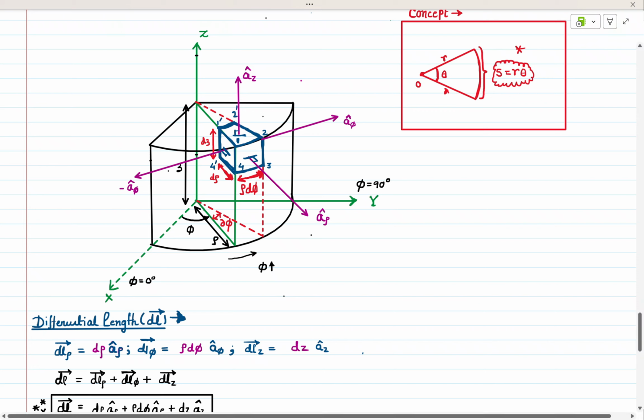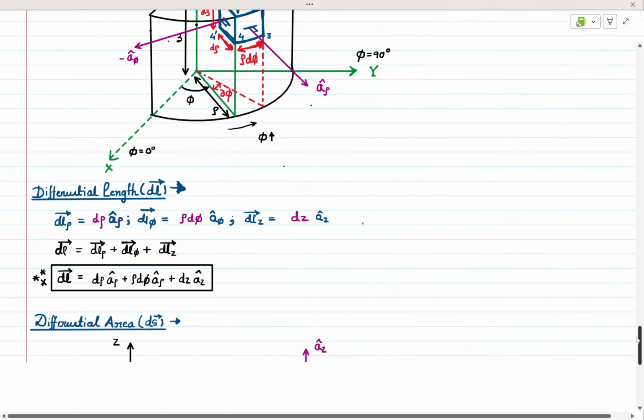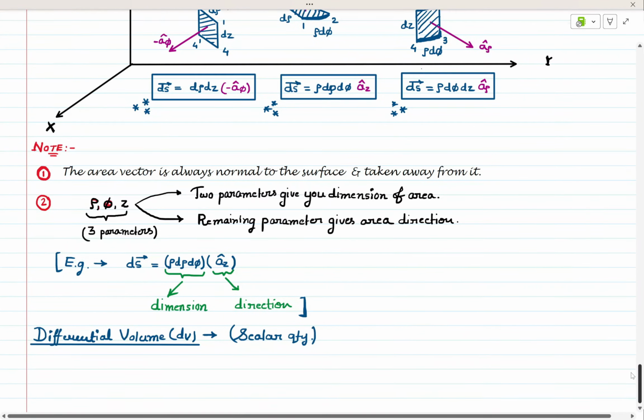The length times width times height will give you the total volume of the small section. Now, what is the length? Length is nothing but d rho. The width is nothing but rho d phi, and the height is nothing but dz. So the multiplication of d rho, rho d phi, and dz will be nothing but the differential volume.